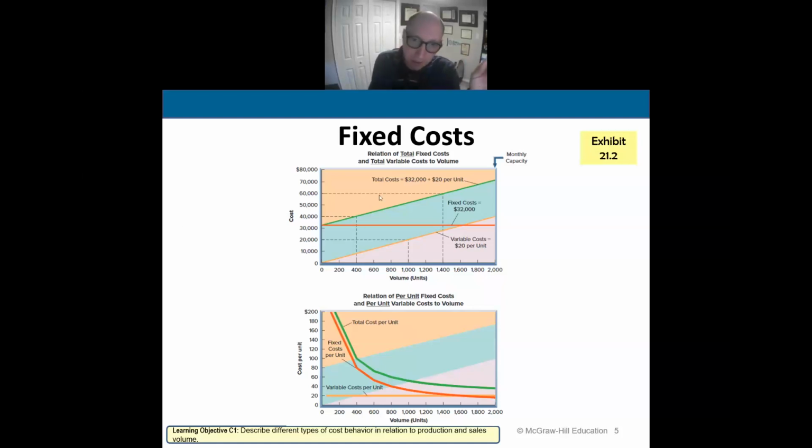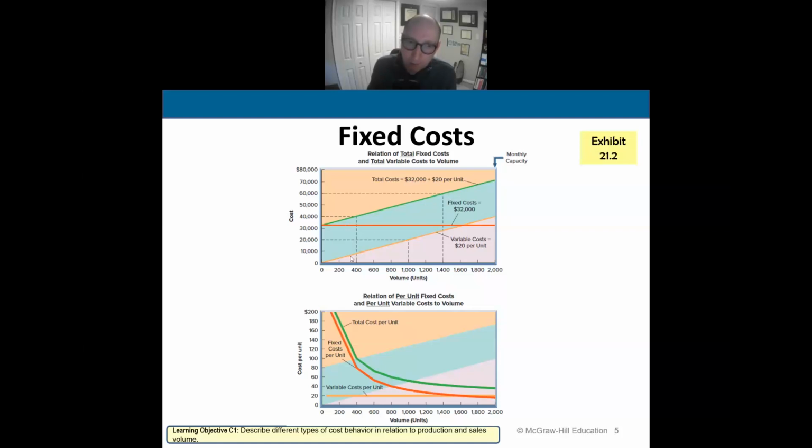We can see the three colors, right? Well, hopefully none of you are colorblind. So this top one here, the green line, represents the total cost. Remember, total cost is fixed plus variable cost. Total cost.